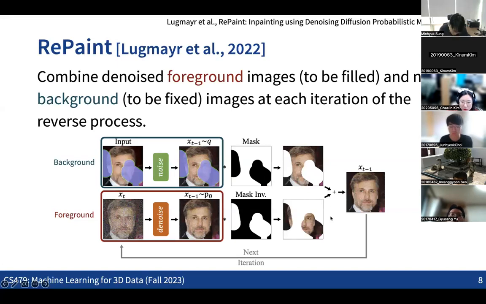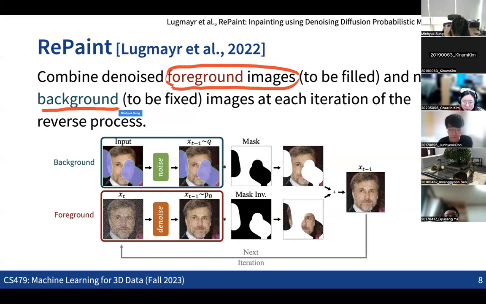We combine the denoised foreground image, which is the region that will be filled in, with the noised image for the background part at each iteration of the reverse process. We keep running the reverse process for the foreground region that we are going to fill in, while for the background region, we are running the forward process of the diffusion process, and combining these two at each iteration.